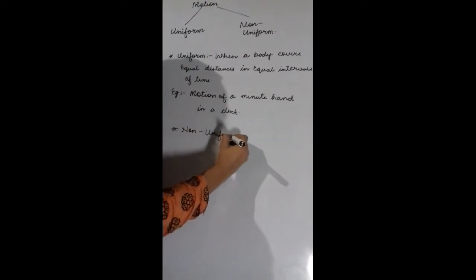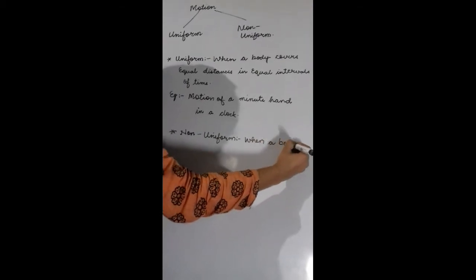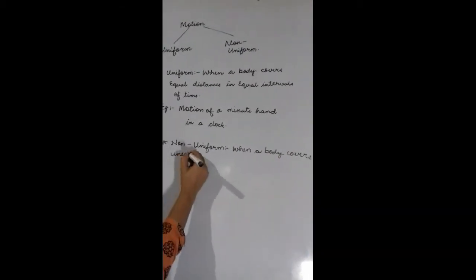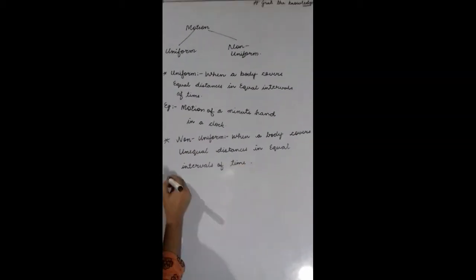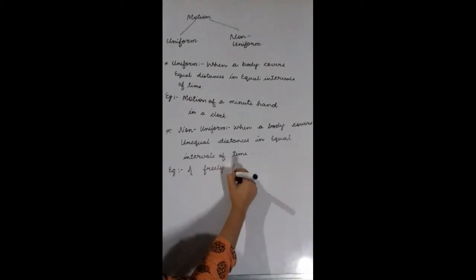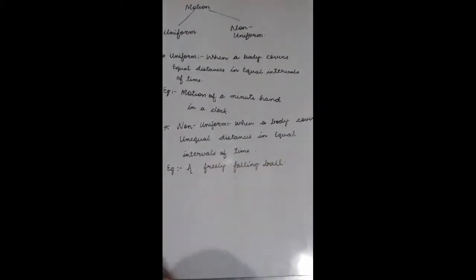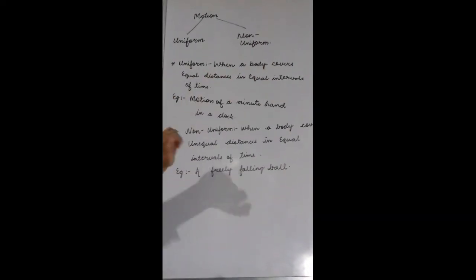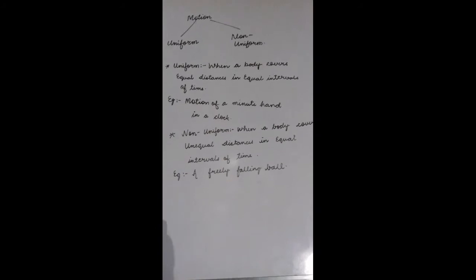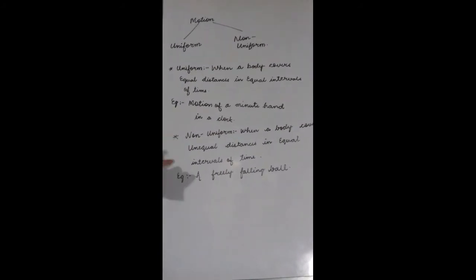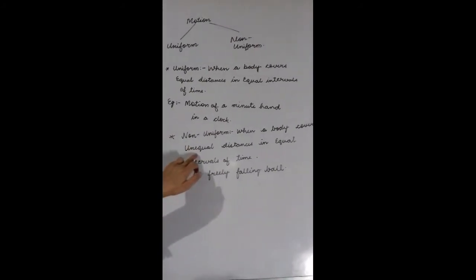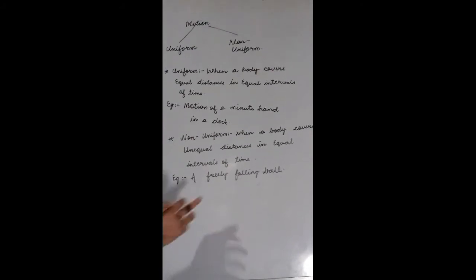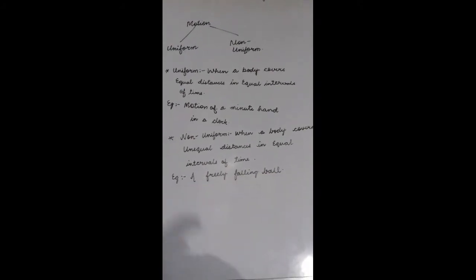Other is non-uniform motion. What is non-uniform motion? When a body covers unequal distances in equal intervals of time, then it is non-uniform motion. For example, a freely falling ball. The minute hand covers equal distances every time, whereas we can't say this about a freely falling ball because it can have different speeds at different positions.